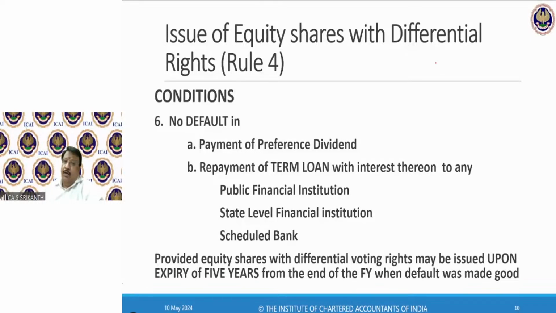Let us say some old preference dividend was still payable and you paid it in June 2024. Then the end of the financial year will be 31/3/25. From that period, that means 26, 27, 28, 29, 30, till March 2030, you cannot issue DVR shares.